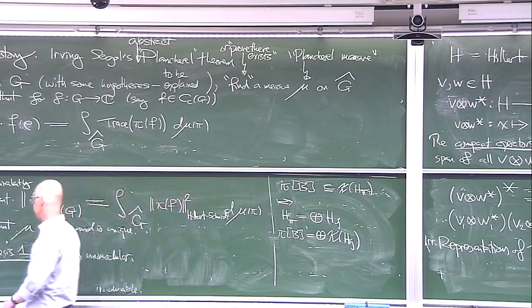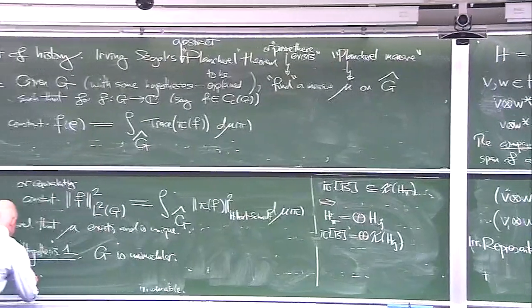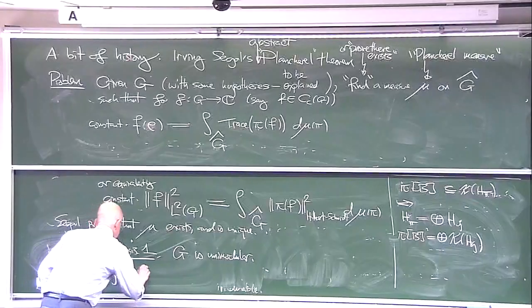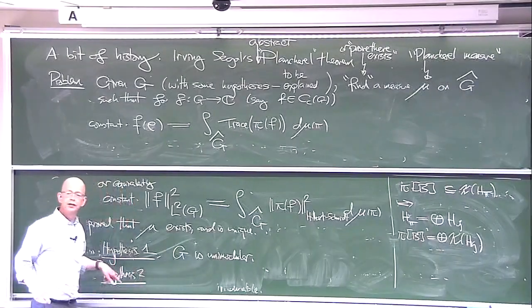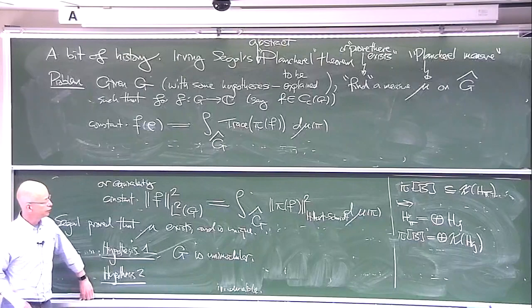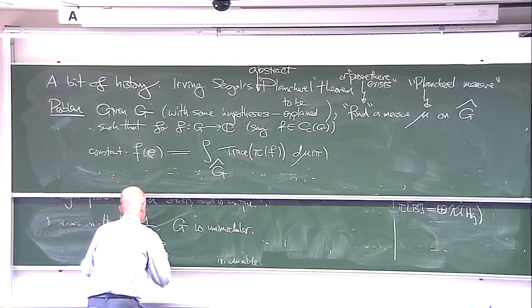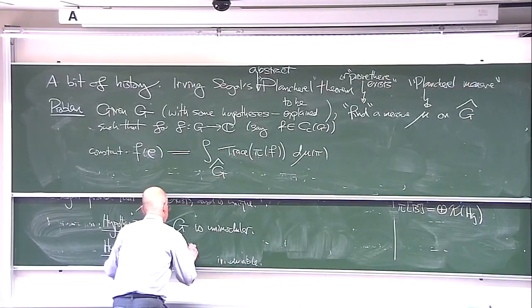And hypothesis number 2, go back. This is stronger than you actually need, but this is the easiest one to describe. Is that pi is irreducible.